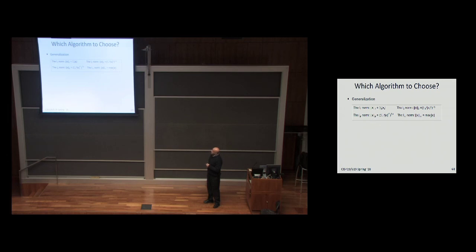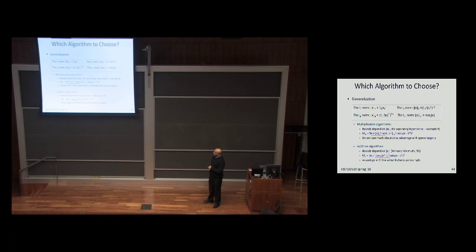Here is L2, which is the square root of the sum of the squares of the coordinates. L infinity is just the maximal absolute value of the largest coordinate. And this is a general definition of Lp. You can plug in 1 or 2 or 5 for p here. Okay, so what do we know?